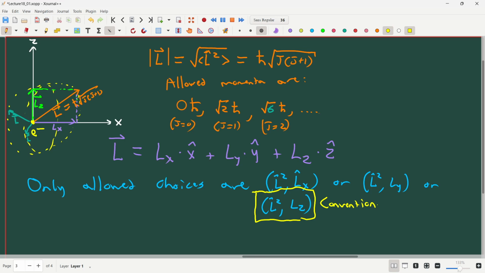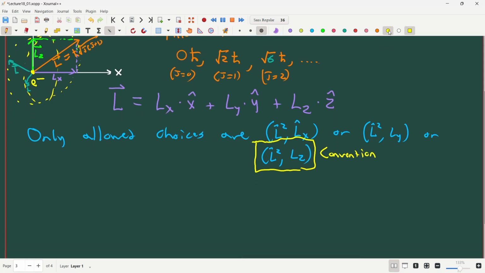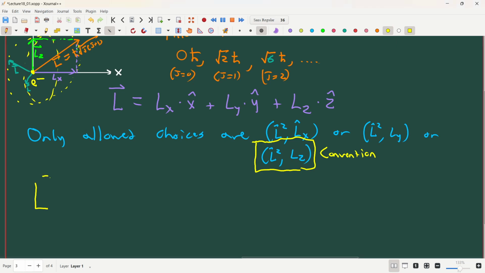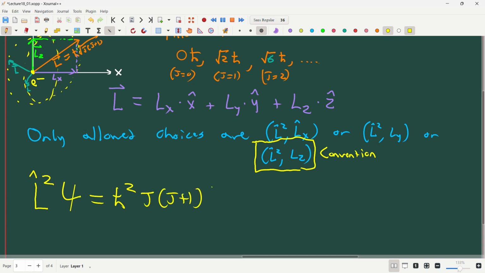I can't determine that. So when you do this math and think about the quantum mechanics of the z direction of L, what does that vector look like? What do the wave functions look like? Again, we found that L squared times psi gives us h bar squared j times j plus 1 times psi. That's our magnitude.